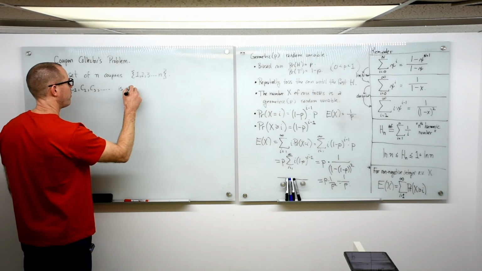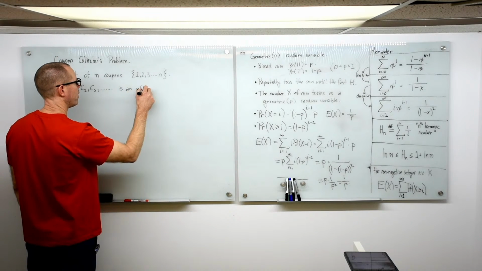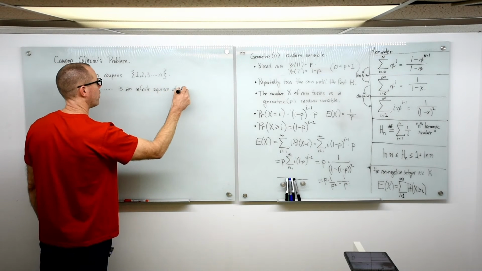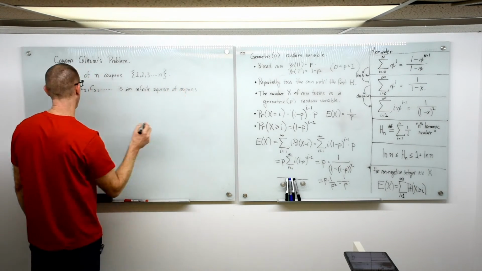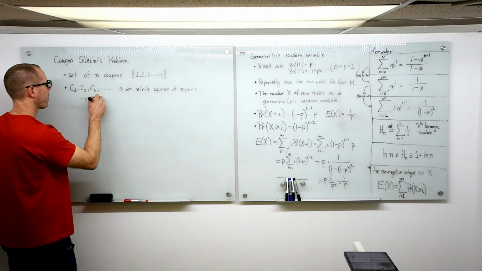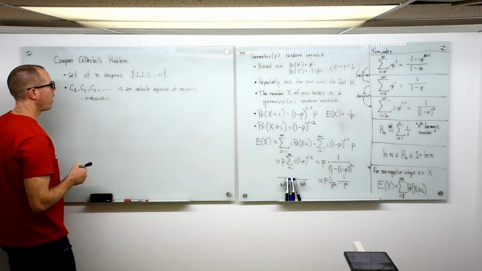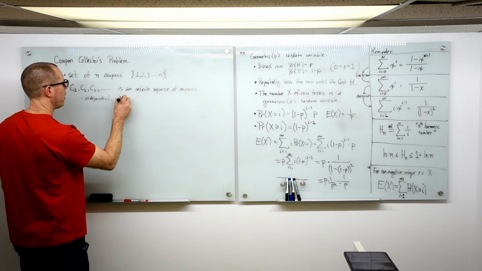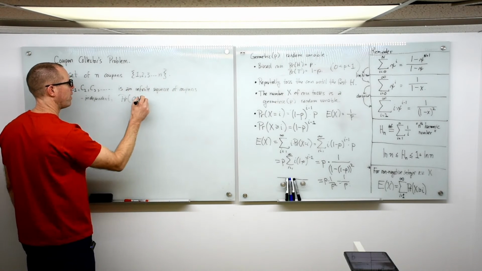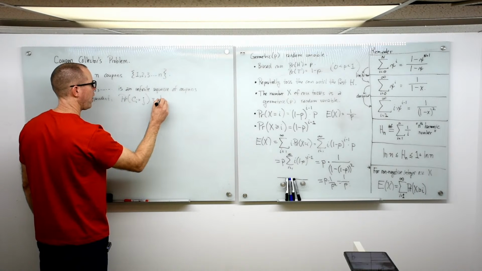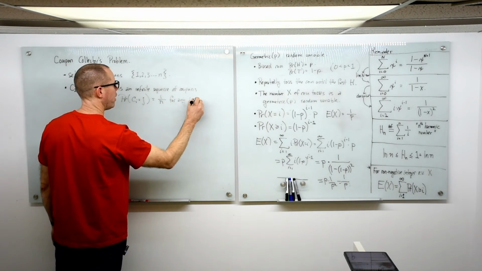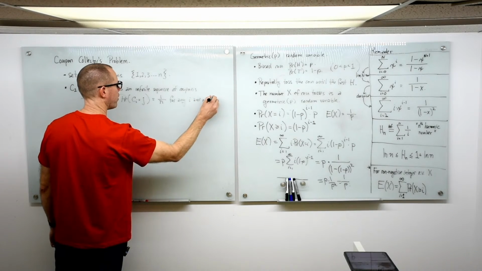It's an infinite sequence of coupons, and let's say these are independent, and the probability that any particular coupon is equal to any particular value is just 1 over n for any i and any j.